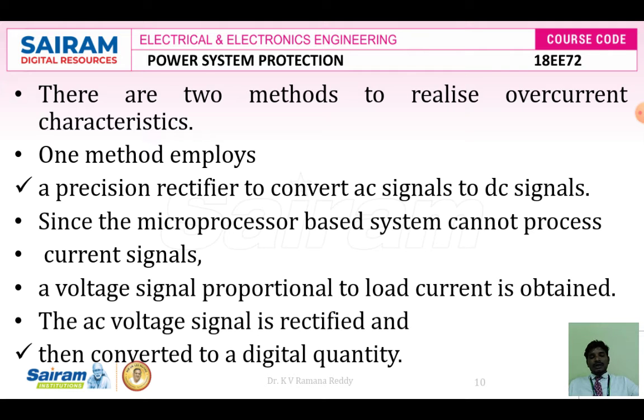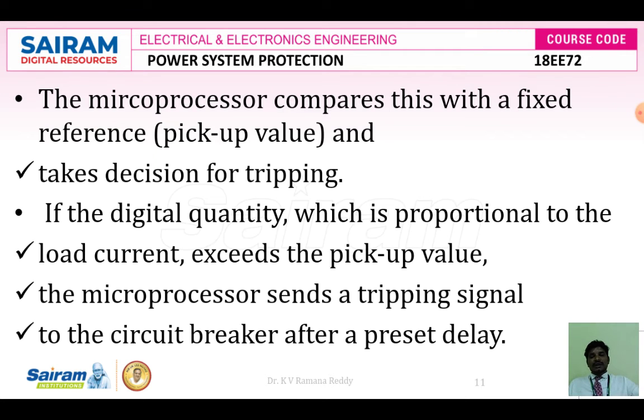Therefore, the AC signal is rectified and converted into a digital quantity like ones and zeros. Then the microprocessor compares it with the fixed reference, preset or pickup value and takes a decision for tripping. The purpose of tripping is generating a command signal to the circuit breaker to isolate the faulty section of the system from the healthy section of the system.